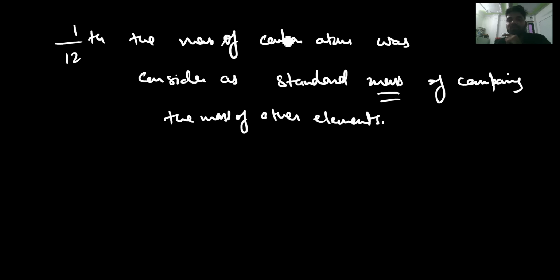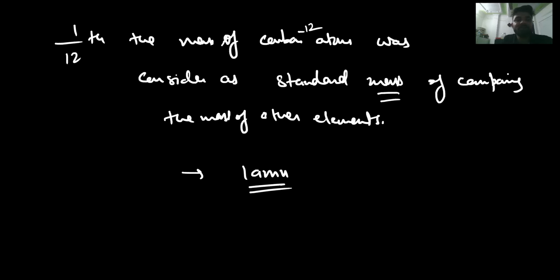We are not considering the other type of carbon atom, because there are 2 types of carbon atoms, one with 14 mass and another with 12 mass. We are just considering the one with 12. So 1/12 the mass of a carbon 12 atom was considered to be the standard atomic mass unit, which is considered to be 1 AMU.